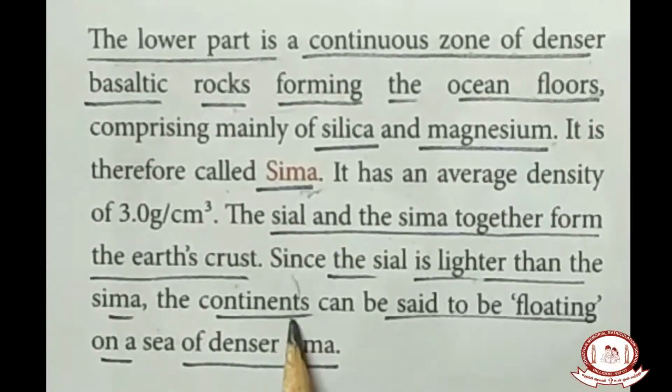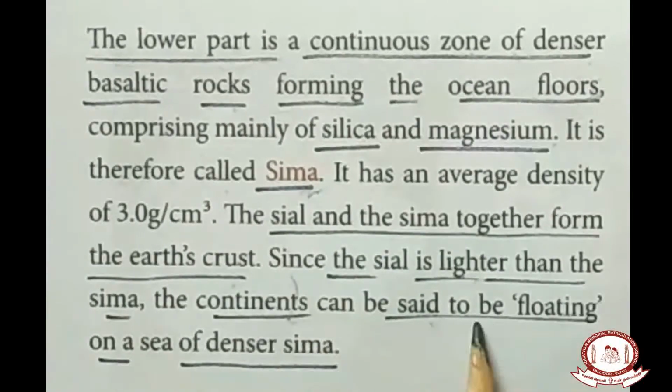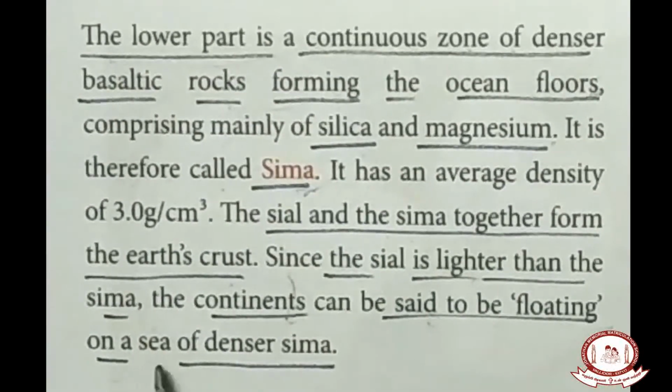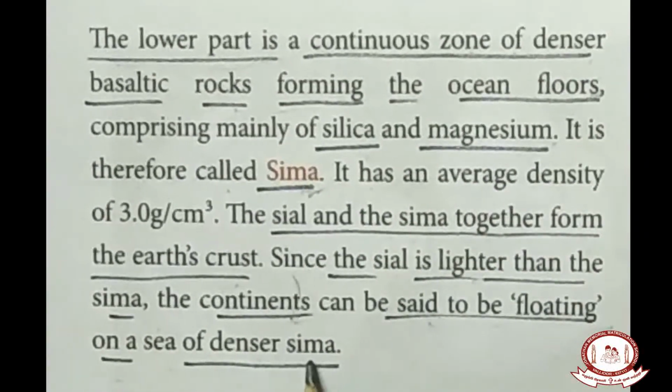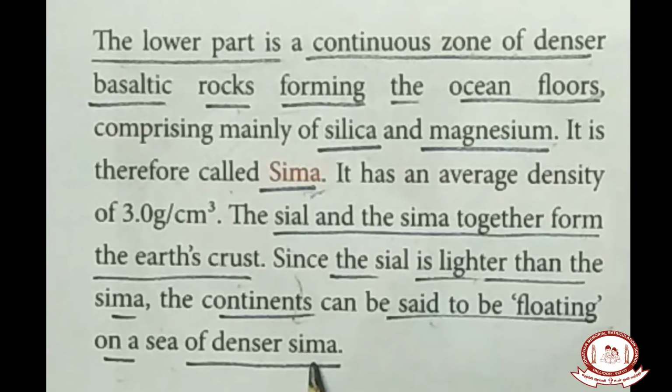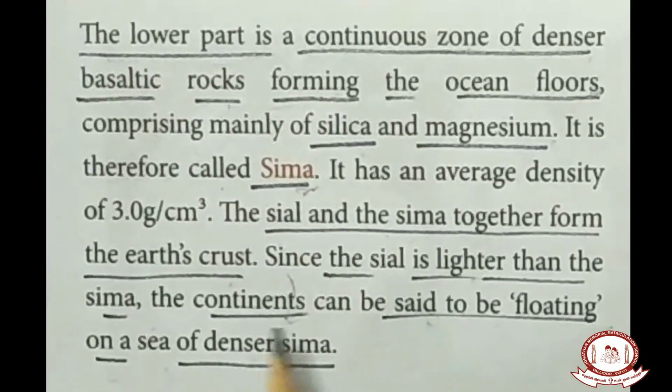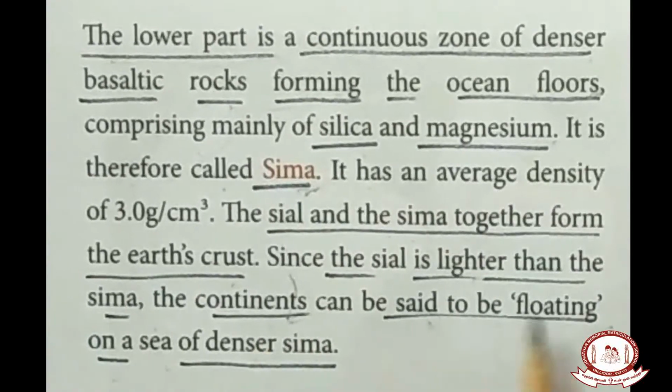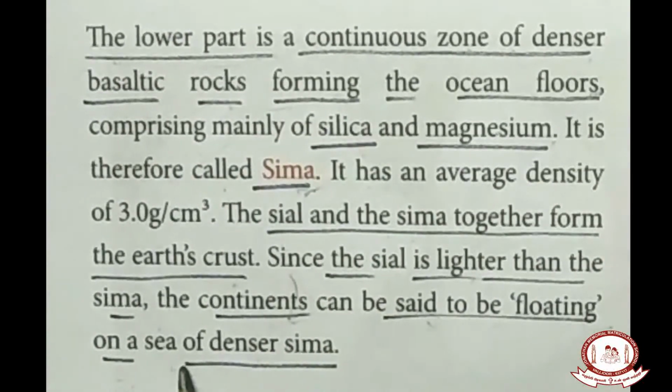So all these continents can be said to be floating on the sea of denser Sima. Oceanic crust is denser than the continental crust, so the continents are said to be floating.